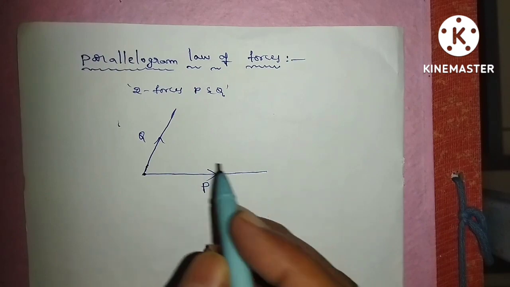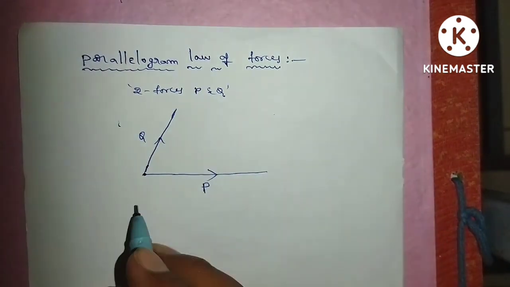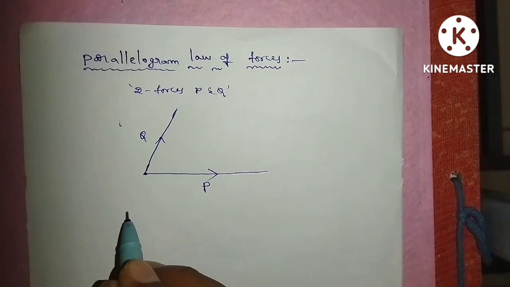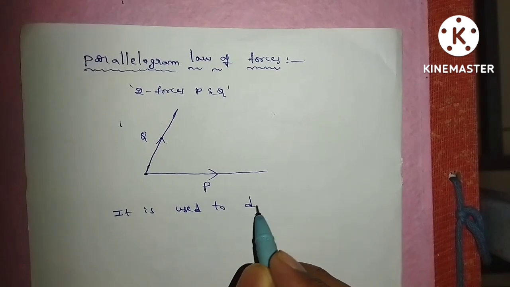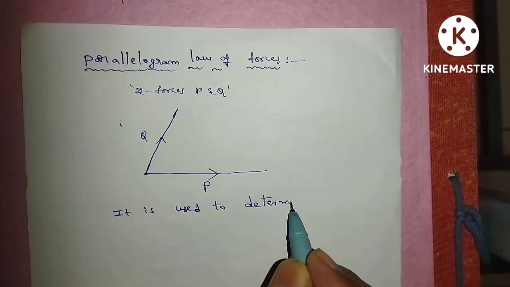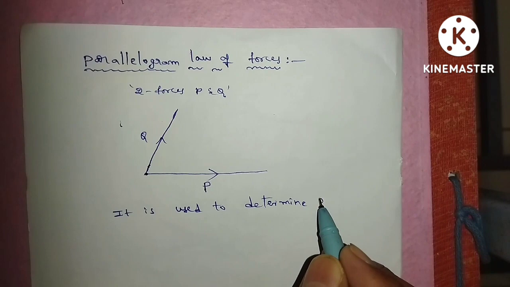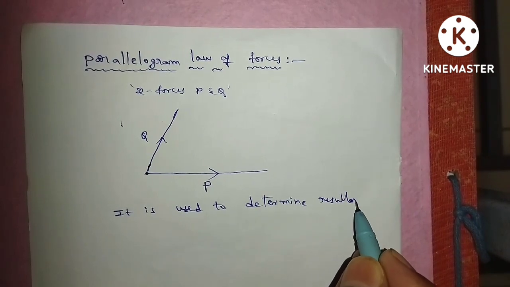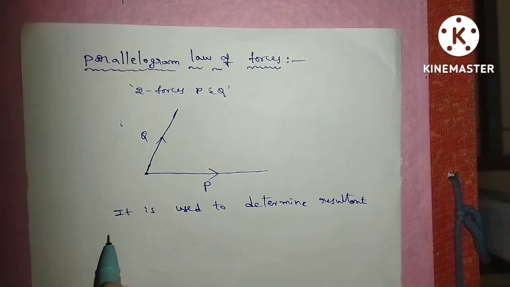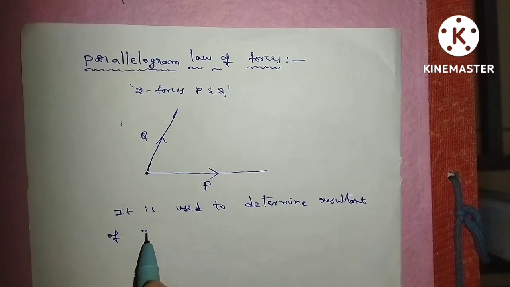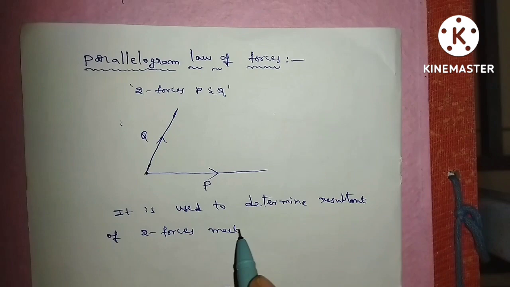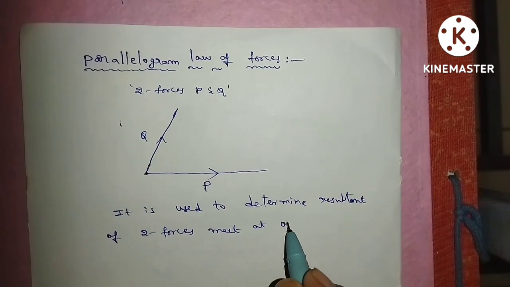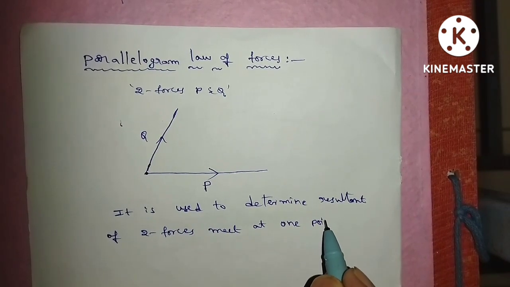Suppose P and Q are the two forces acting at a point. Here we need to find the resultant of these two forces. The diagonal gives the resultant of these two forces. So mainly it is used to determine the resultant of two forces meeting at one point.